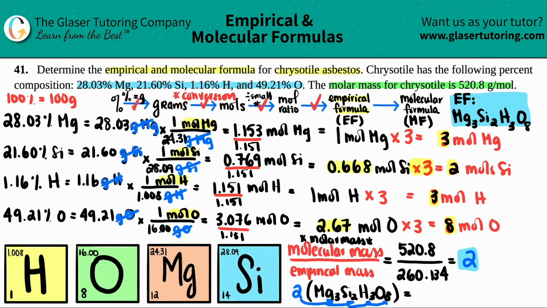So my molecular formula is Mg, 2 times 3 is 6, Si, 2 times 2 is 4, H, 2 times 3 is 6, and then O, 2 times 8 is 16, and that is the molecular formula, and I'll just put that over here. So this equals, I guess we'll just put an arrow here and we'll say MF.